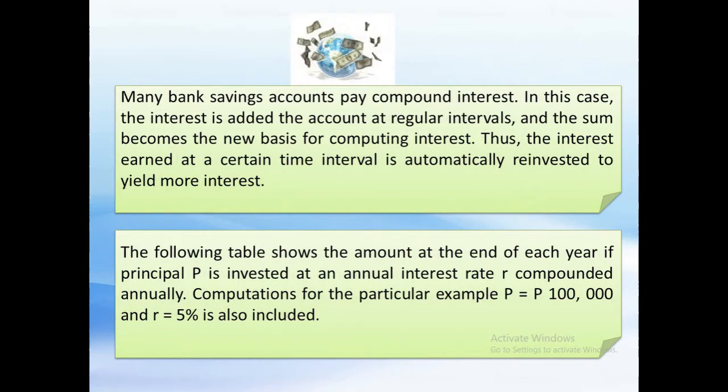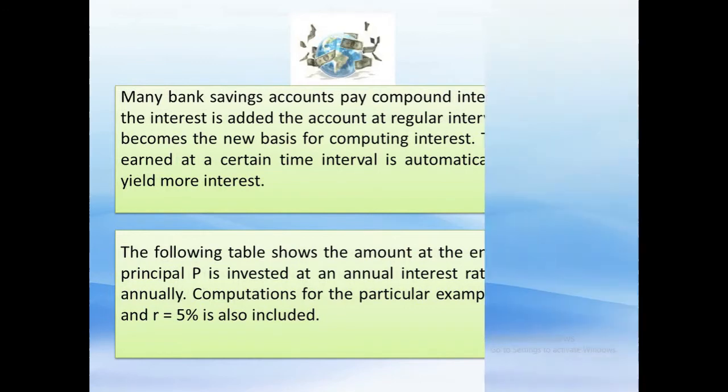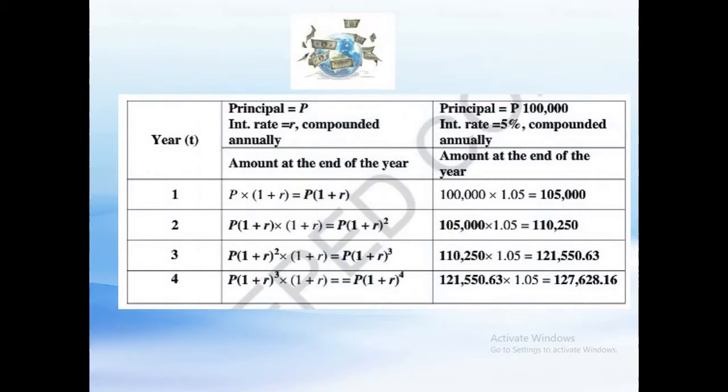In this table, the first column is the year, the second column is the principal P, interest rate R, compounded annually, and amount at the end of the year. Principal is 100,000, interest rate 5%, compounded annually, and amount at the end of the year.